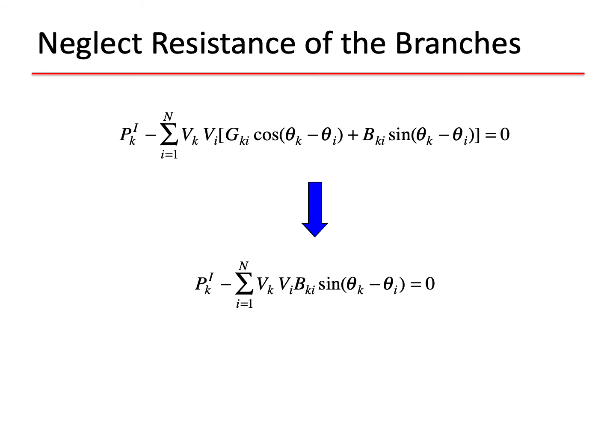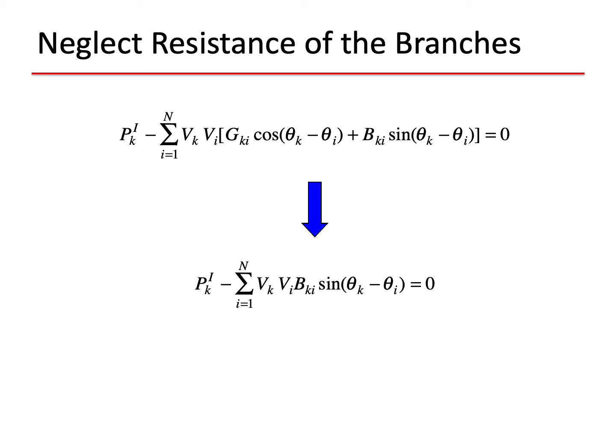The second approximation that we are going to make is to neglect the resistance of the branches. This is fairly reasonable in transmission networks where the resistance of a transmission line is usually 1/10 or less of the reactance of these lines. If we neglect the resistance of the lines, the real part of the admittance between bus K and bus i is 0.